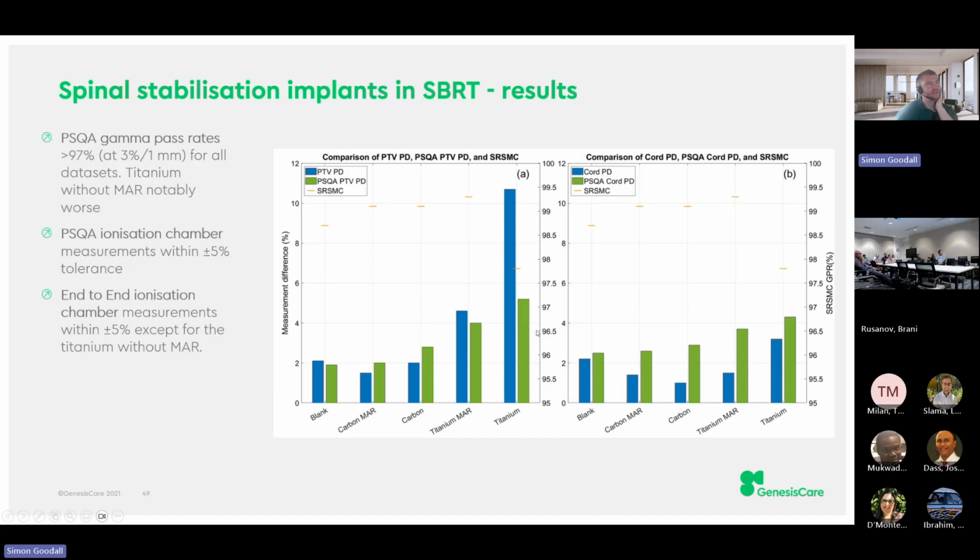And when we saw titanium, we still saw reasonable agreement if we use the MAR scan. But once we lost the MAR scan, we started to see pretty big deviations. What was also particularly interesting was that we saw the patient-specific QA results drop off when patients had been planned with a titanium implant, even though the titanium itself is not present during the patient-specific QA process.